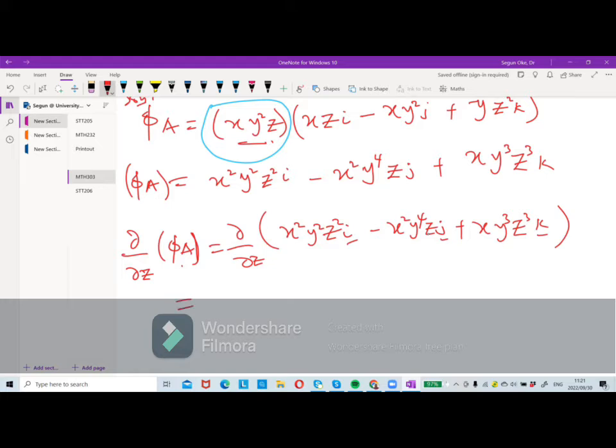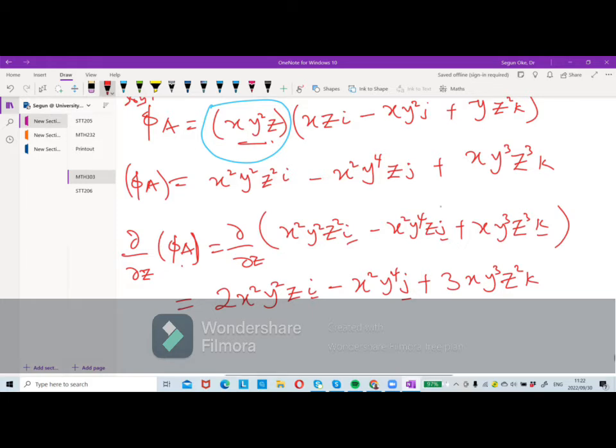So it's going to be 2, with z. Don't forget, keep z in mind, not x. You have 2 x squared y squared z i, minus x squared y raised to power 4 j, plus 3 x y raised to power 3 z squared k. Good. So that's what we have.